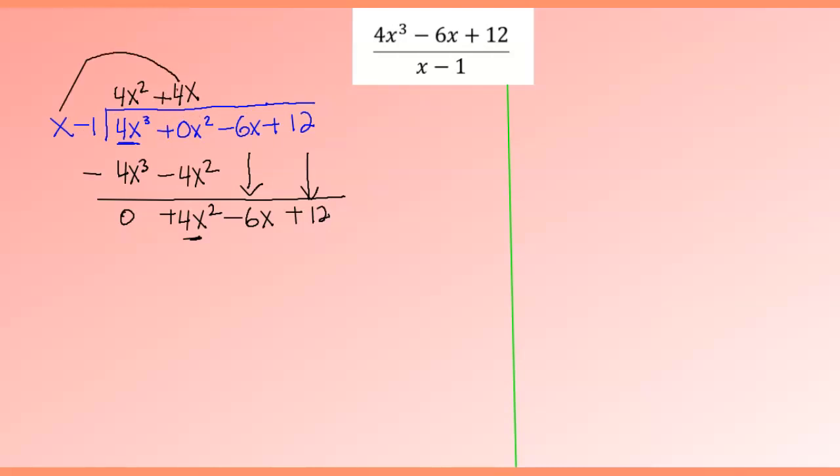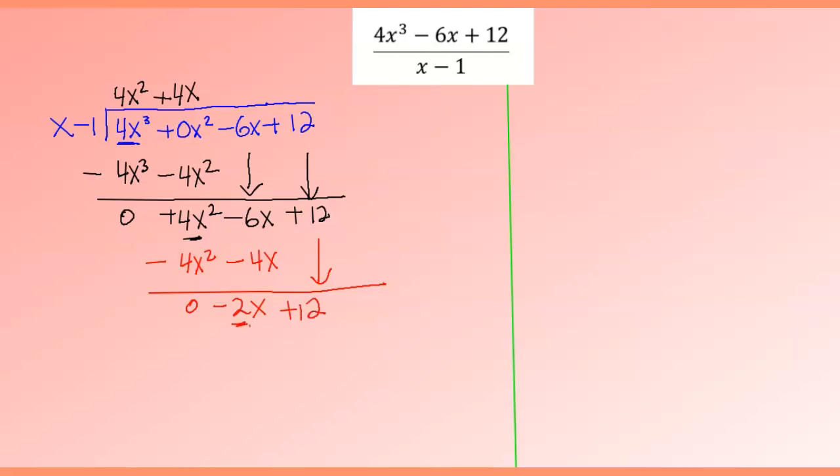We multiply and we get 4x squared, and we multiply this to move on, so we get negative 4x. Going to subtract. Here will be 0, here and here will be positive, so in the end we will get negative 2x. We drop down our 12, so plus 12.